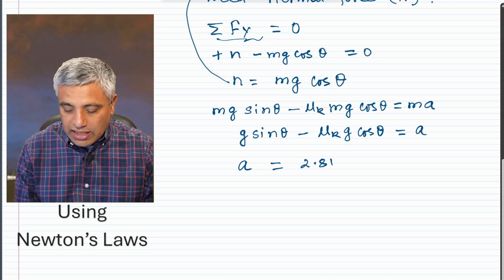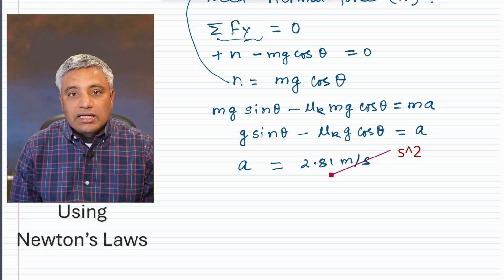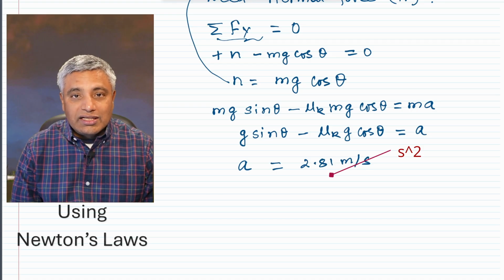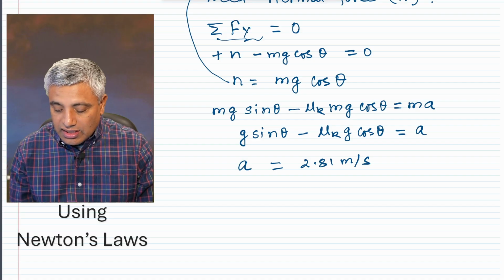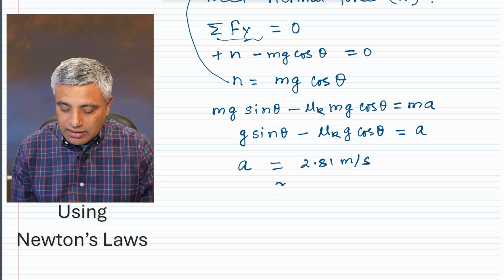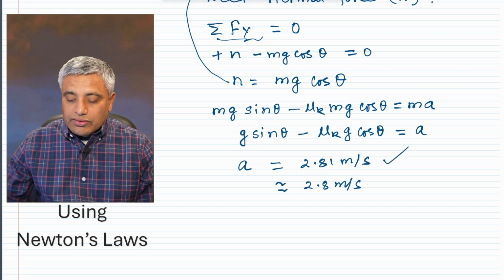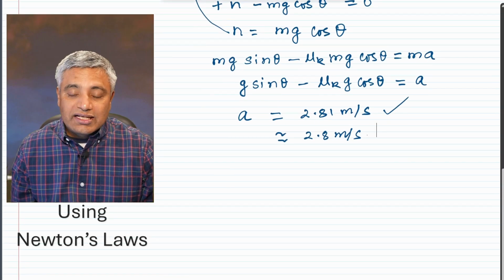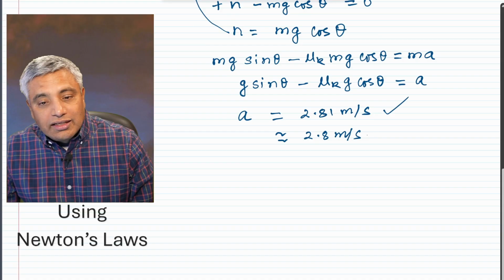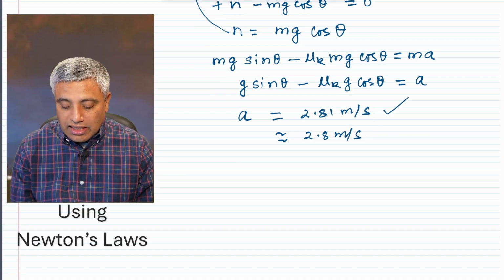But since we are going for the time interval as well, remember the second part of this problem, I'll write that. If we are just asked for the acceleration, this would be the answer. But to further use this in another equation, we're going to keep one more sig fig than what's in the problem.